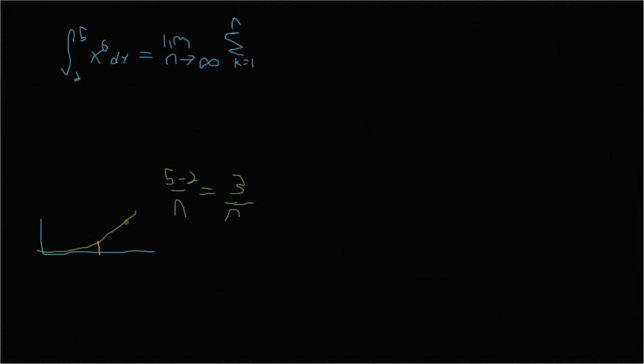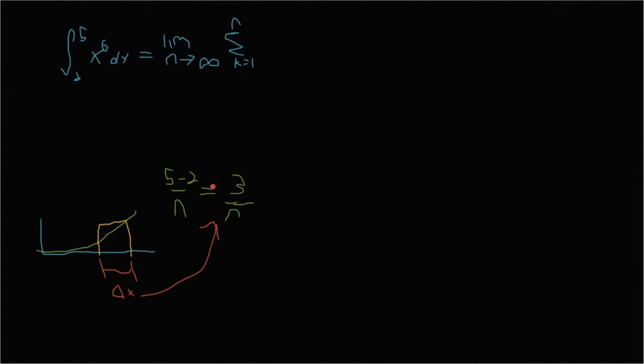And so this width of the rectangle is what this is, because we divided the length of the entire thing by n. So this is going to be the length of this rectangle. I cannot draw. Alright, so this length is delta x. And that's what this is. This length of a rectangle.